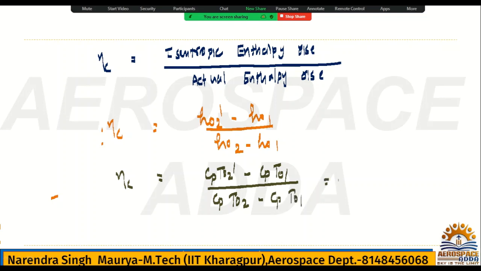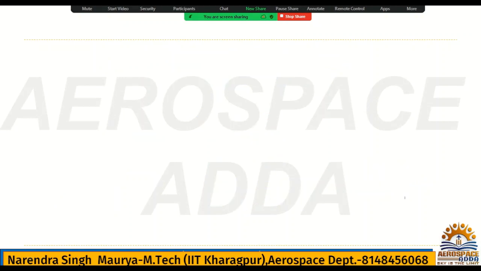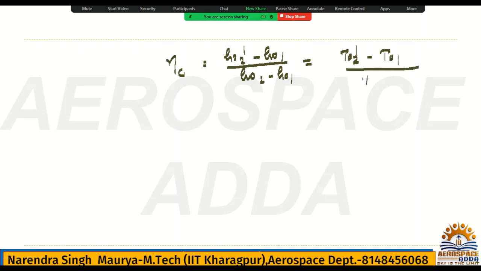So finally you get T naught 2 dash minus T naught 1 divided by T naught 2 minus T naught 1. This is the compressor isentropic efficiency. Always remember this. You can write it in terms of enthalpy or in terms of temperature, it's your choice.